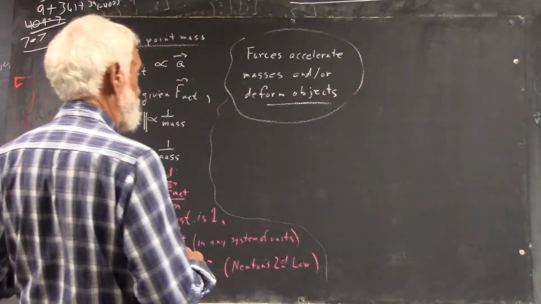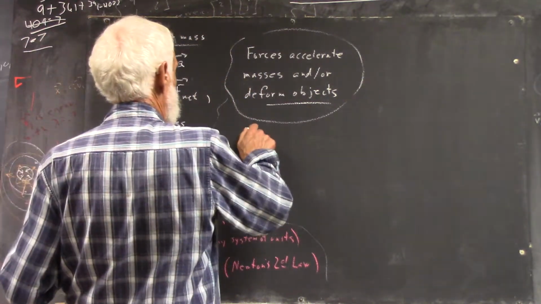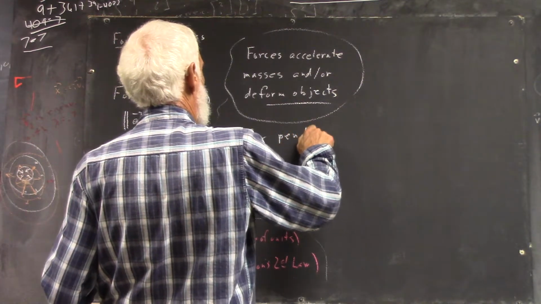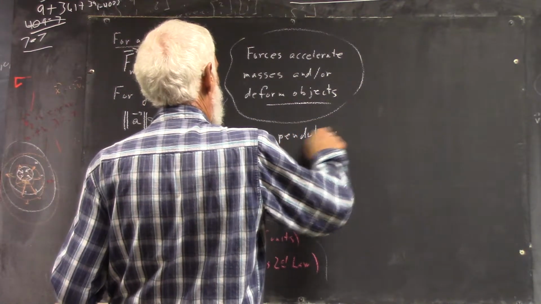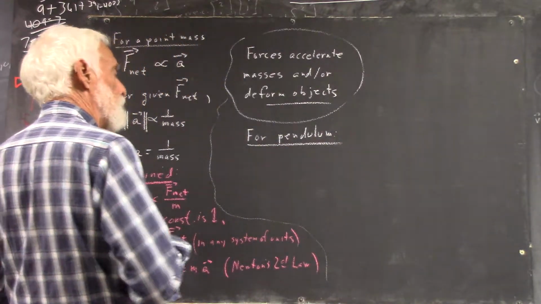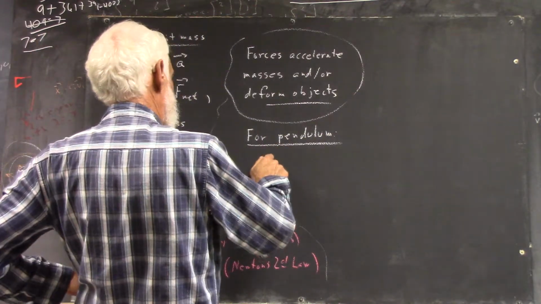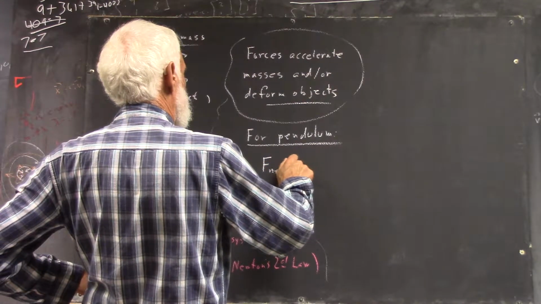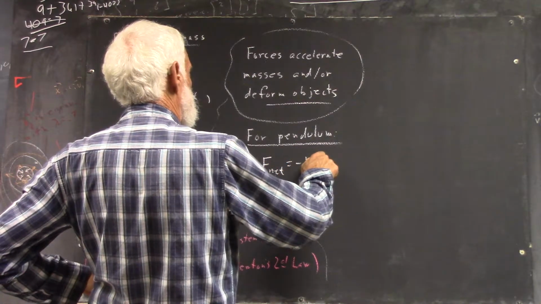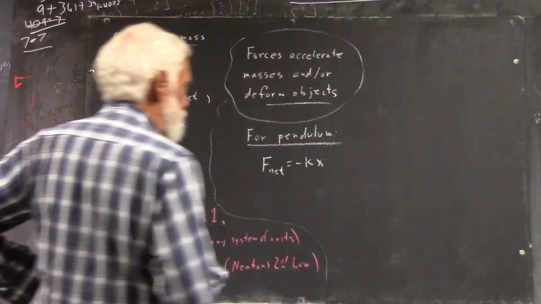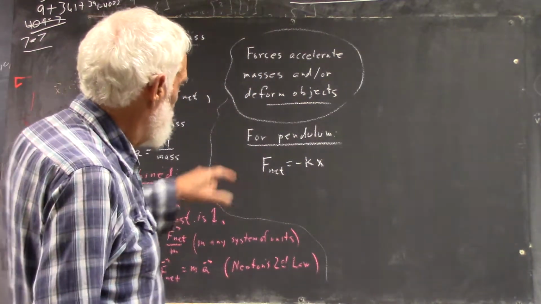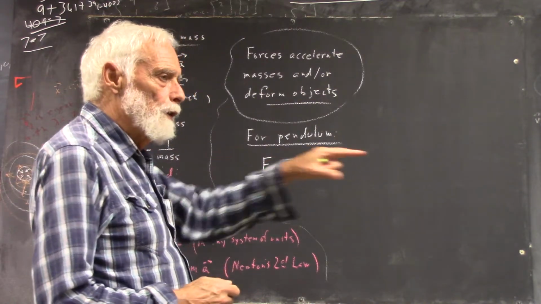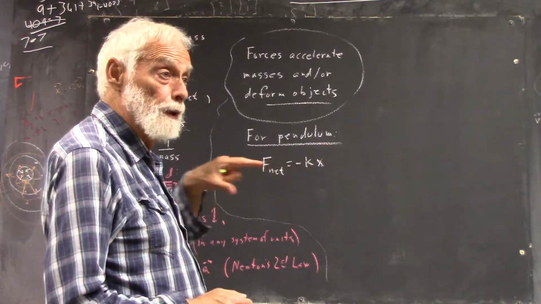We conclude, for the pendulum, again, F net equals negative kx. I'm not putting arrows over it, although probably should, but now we're just talking about things that are in the x direction.